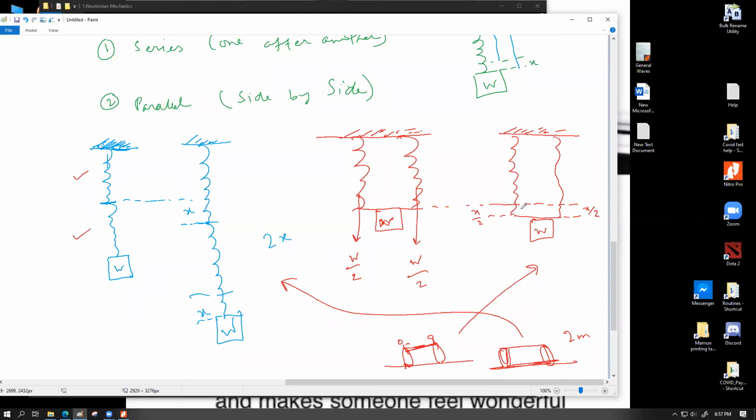So this is just a basic way to show how this worked. If we had more springs over here, it could simply become more. For example, if we had 3 springs in series, the total extension would become 3x. If we had 3 springs in parallel, the total extension would become x by 3, because then the load would be divided in three equal ways. That's how the combination works.